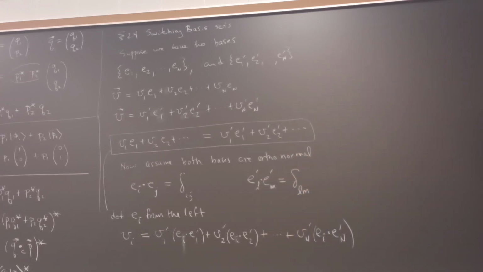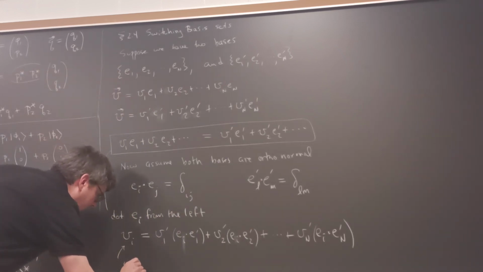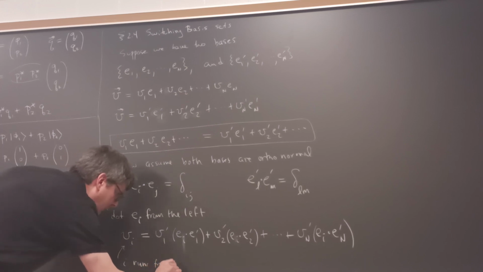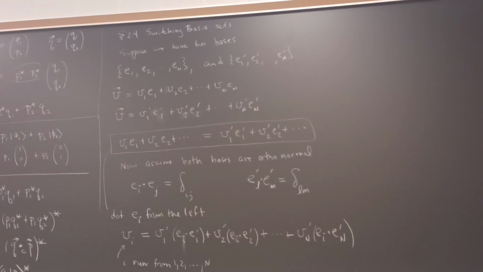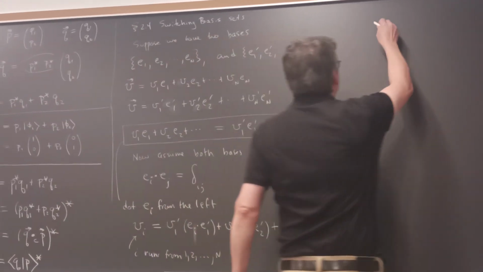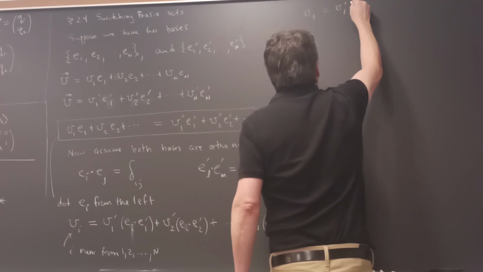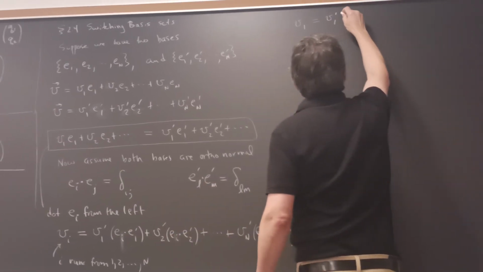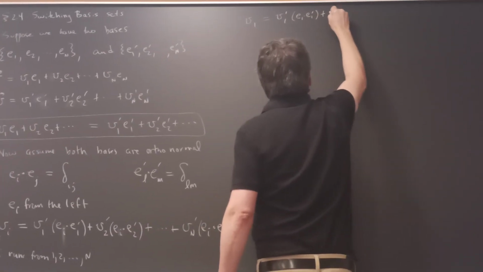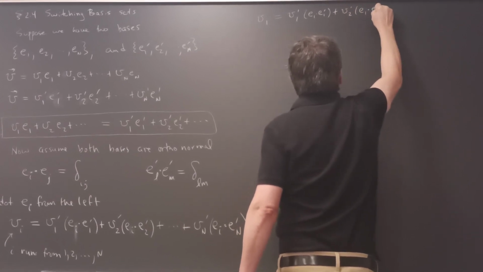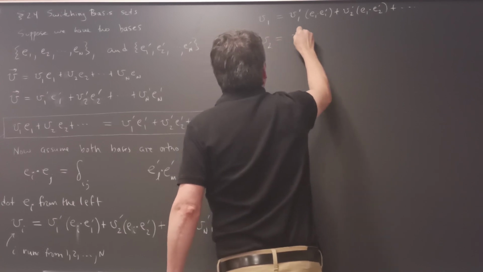Sorry, I was doing EI. Now I runs from 1 to n, so I have n equations. So V1 is equal to V1 prime E1 dot E1 prime plus V2 prime E1 dot E2 prime plus dot dot dot.